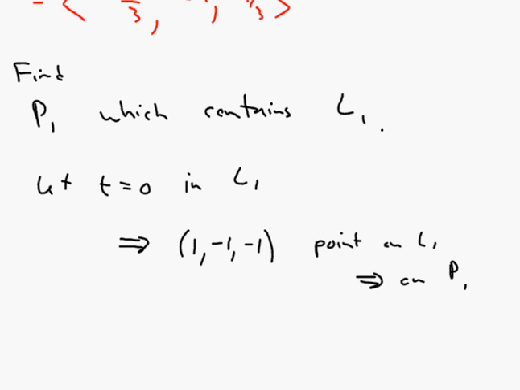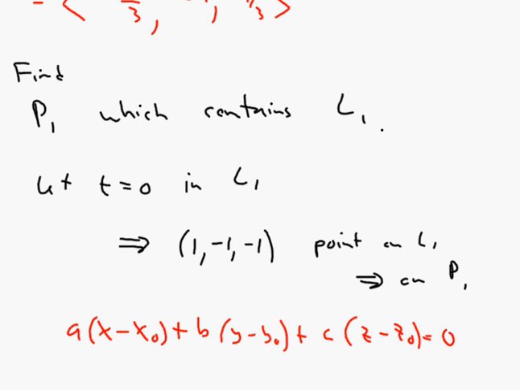All right. Now, all we need to do is go back and recall our equation of a plane. Right? Okay. So here's our equation. It's a times x minus x sub 0 plus b times y minus y sub 0 plus c times z minus z sub 0 is equal to 0.